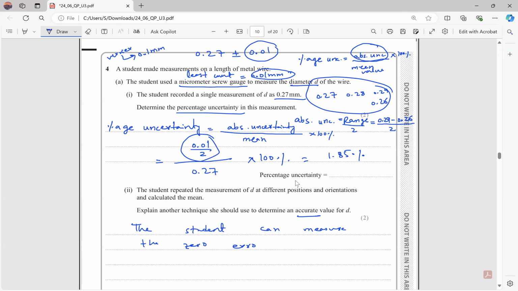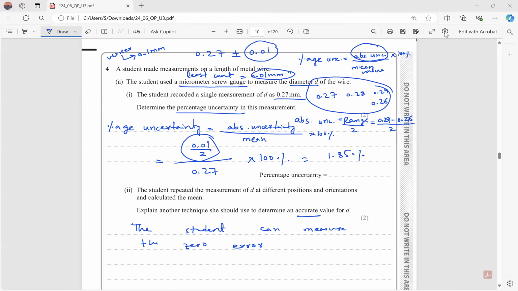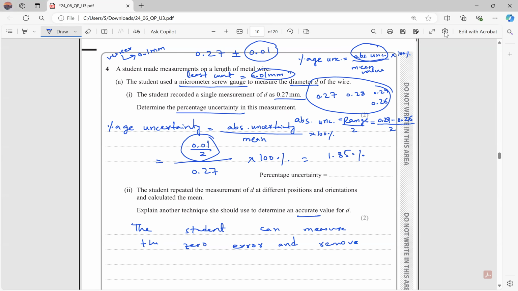So the student can measure the zero error and correct it in the final measurement.